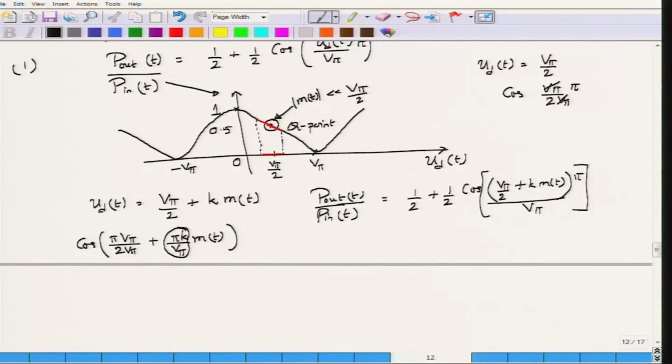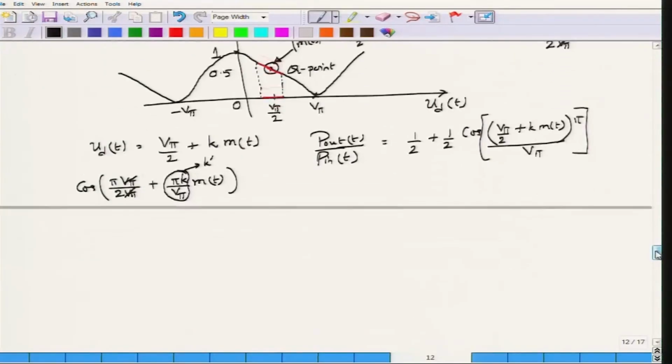V pi in the numerator cancels with the V pi in the denominator, and this pi k by V pi can be considered as another constant. Let us call this constant k prime. There is no significance to k and k prime in the sense that they are just constants; I am denoting pi k by V pi by k prime. Okay. All right.